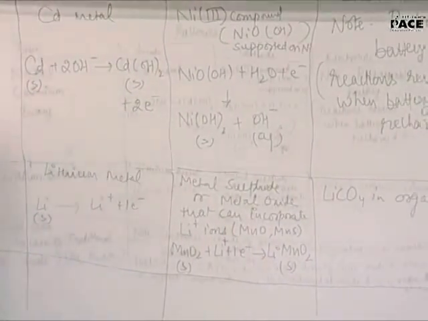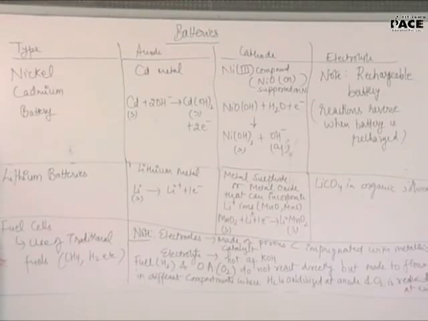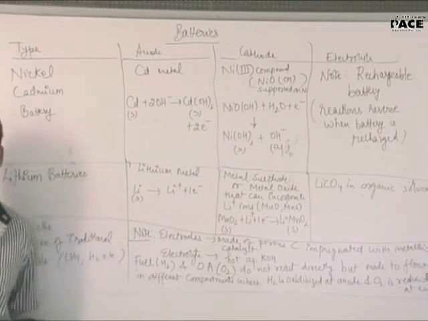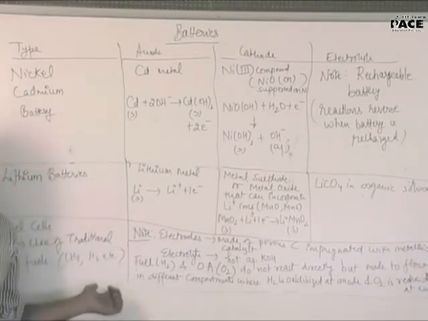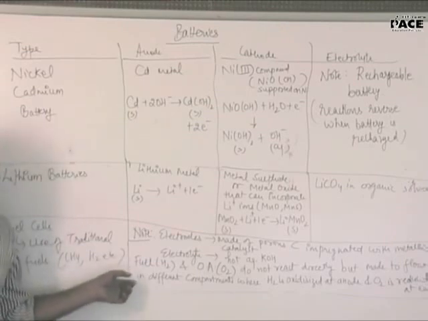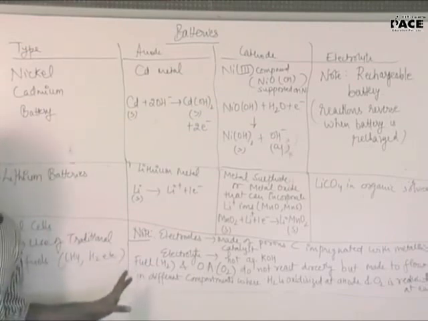Clear? See, from the perspective of JEE, this fuel cell is very important. The reason is that in these cells you use natural fuels like hydrogen, and you use an oxidizing agent, say oxygen. The best thing is you won't have any harmful effects due to pollutants.